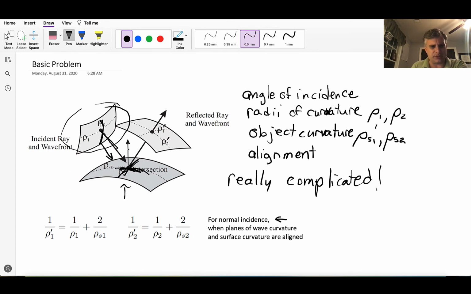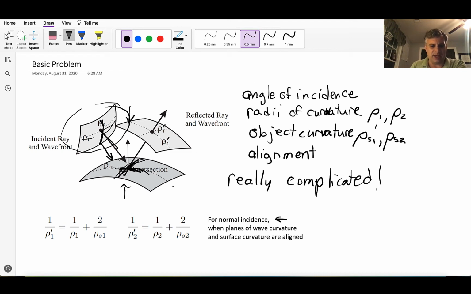In other words, there's a plane that contains all of those vectors, both surface normals and the planes in which I've defined rho 2 and rho S2. And likewise, we've twisted the problem so that this radii of curvature aligns here. And at normal incidence, of course, we're coming straight down from above.